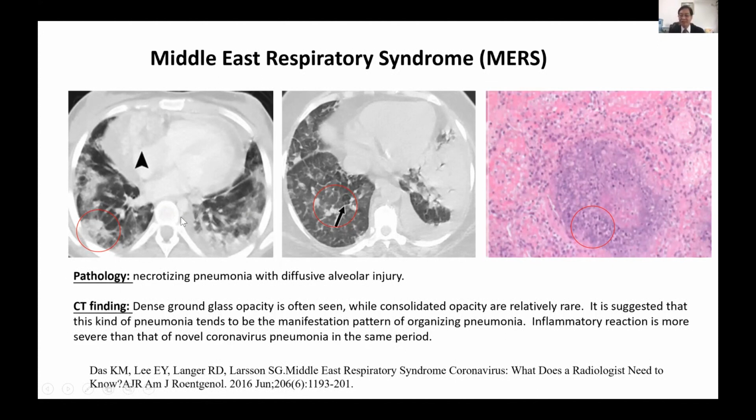It suggests that this kind of pneumonia tends to be a manifestation of partial organization. The pneumonia inflammatory reaction is more severe than the novel coronavirus pneumonia in the same period. The pathology manifestation shows necrotizing pneumonia with diffuse alveolar injury.